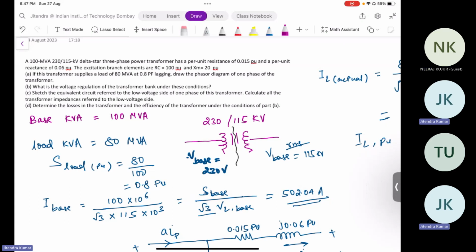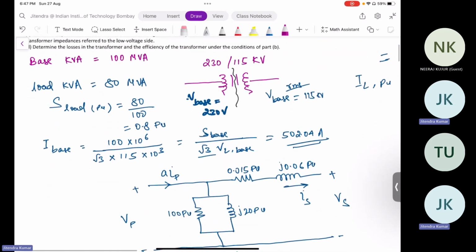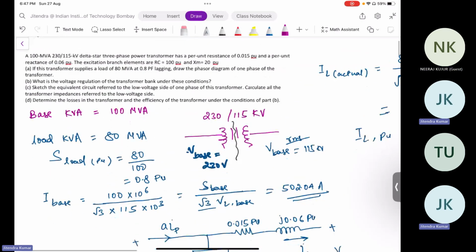We have to take the star side as the reference and refer all the parameters towards the star side. The equivalent circuit we have already drawn in per unit. Now we just need to multiply with the base value, and we can come up with the equivalent circuit parameters. So let us proceed.